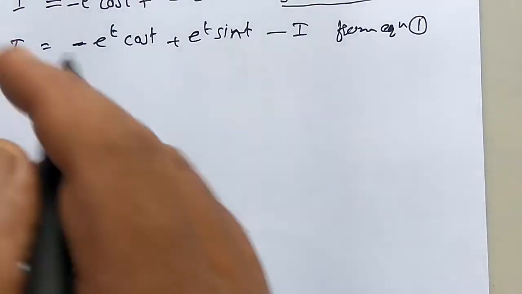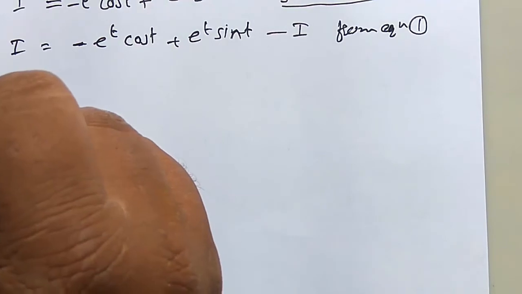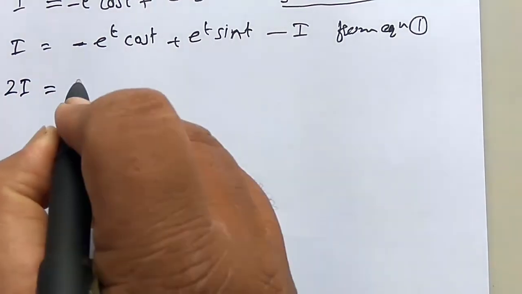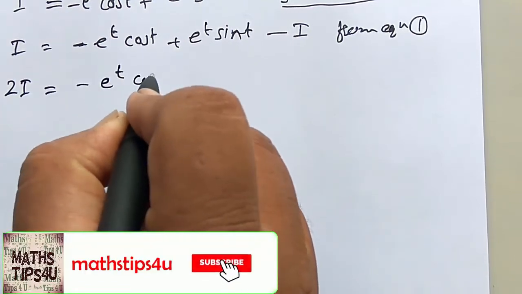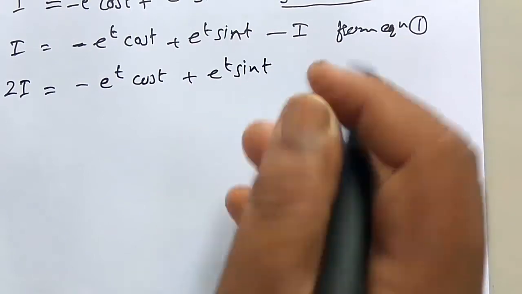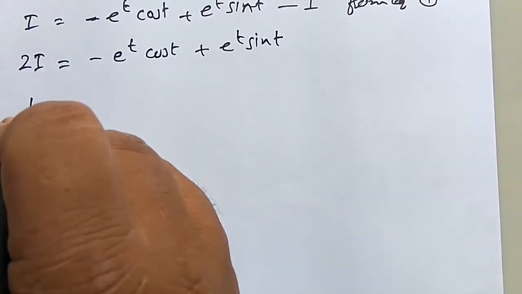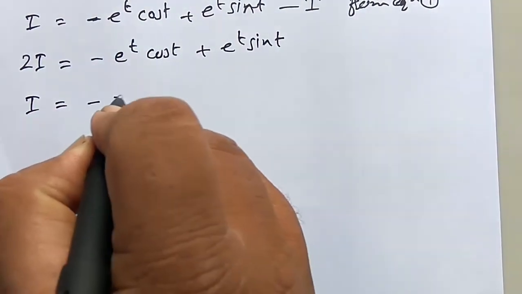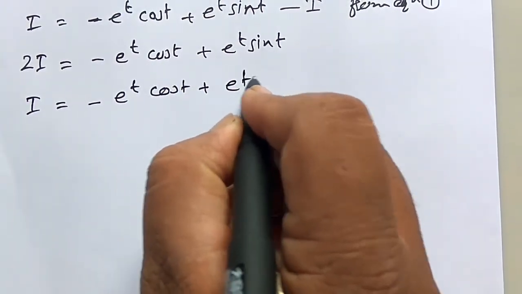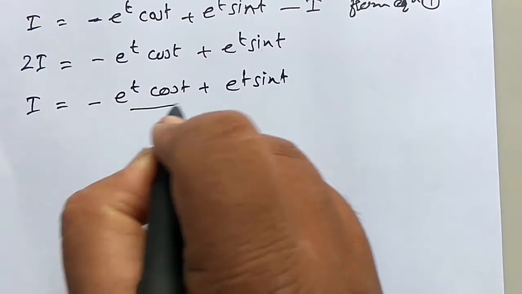Taking minus I to the left hand side, it becomes 2I, equal to minus e raised to t cos t plus e raised to t sin t, dividing by 2. So it is minus e raised to t cos t plus e raised to t sin t divided by 2.